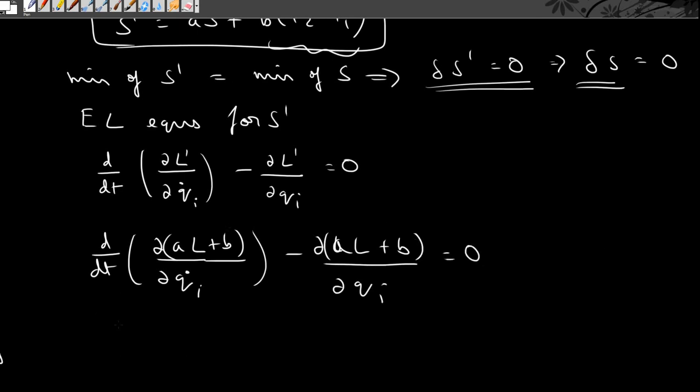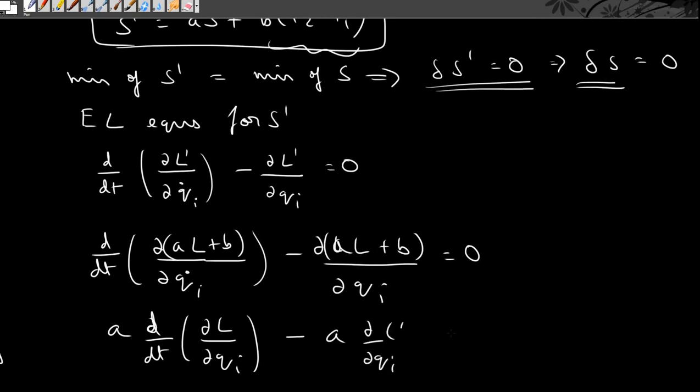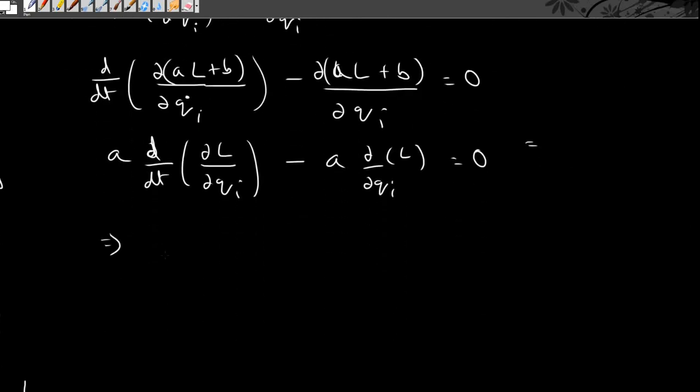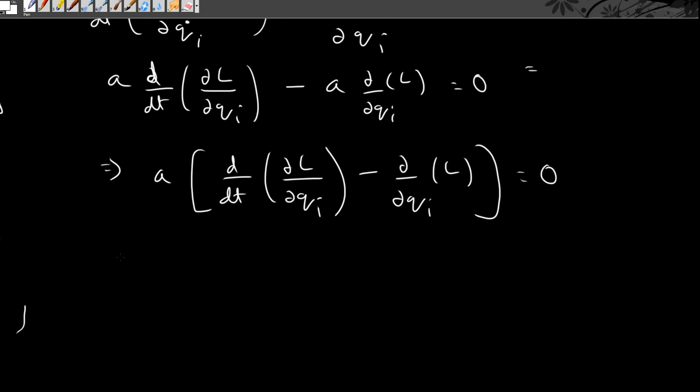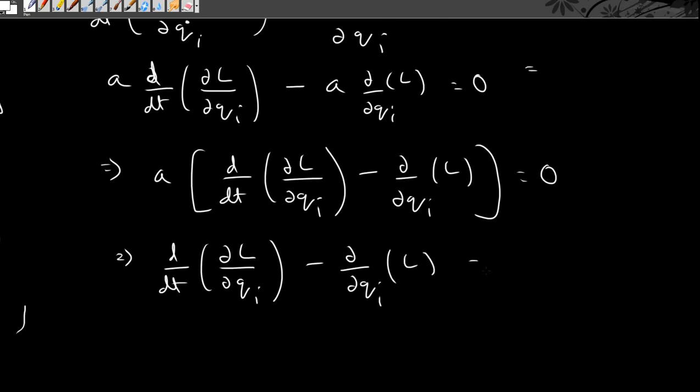Now since B is a constant, this simply becomes A times d by dt of ∂L by ∂q_i dot, minus A times ∂L by ∂q_i, equal to 0, and this implies d by dt of ∂L by ∂q_i dot, minus ∂L by ∂q_i, equal to 0.